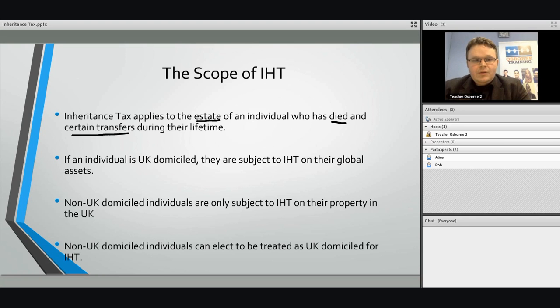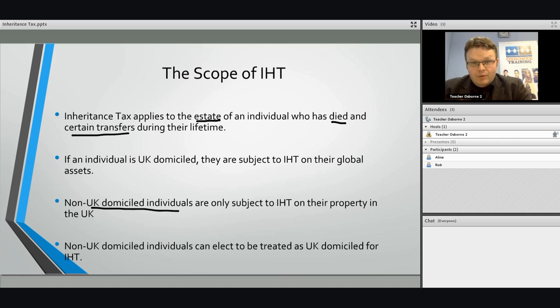The next thing is if you are non-UK domiciled. Let's say that you're a permanent resident here, but you're considered a non-dom, non-domiciled. You are only subject to IHT for your property here in the United Kingdom. Everything that's overseas is not subject to IHT.